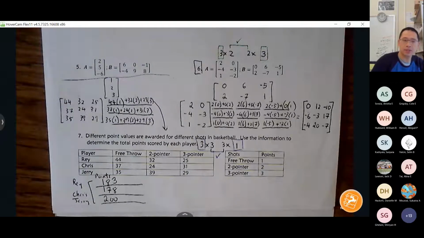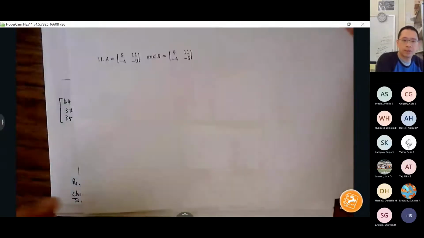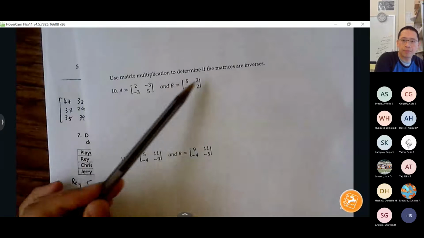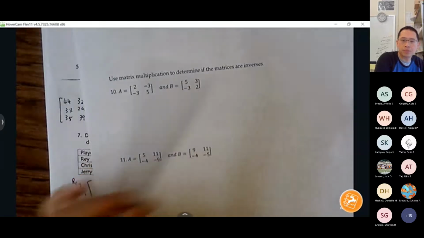In the remind message, as well as in the meeting chat box, I included a link to today's worksheet. We'll work through a part of it because the second part, the back page, deals with inverses.